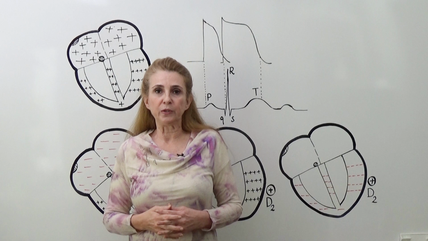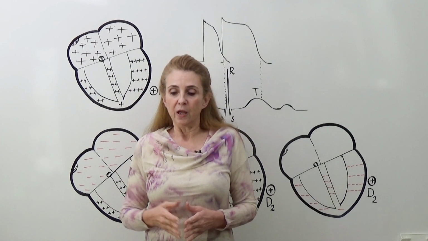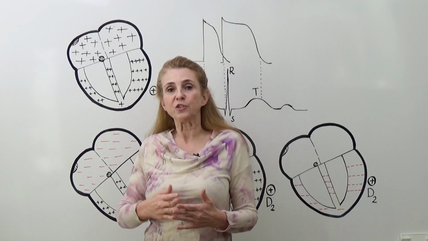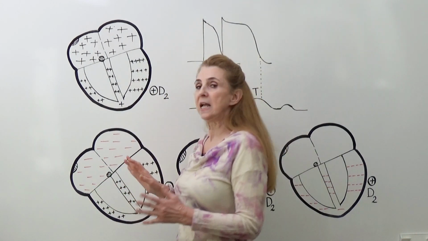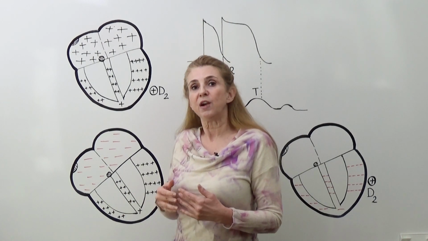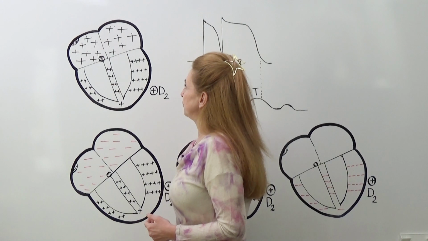The first action potential in the heart takes place in the SA node. When the SA node depolarizes, before the action potential moves on to the atria, all of the atrial muscle cells are at the resting membrane potential, which means that their outer surfaces are positively charged.